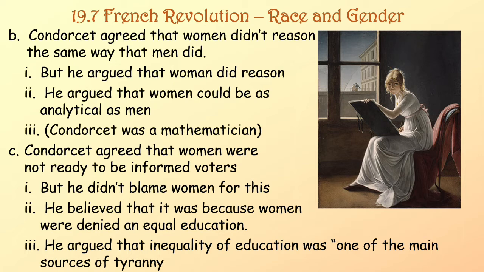Condorcet agreed that women were not ready to be informed voters, but he didn't blame the women for this. He believed that it was because women were denied an equal education. We've seen that theme come up again and again, haven't we? Ever since Christine de Pizan. He argued that inequality of education was one of the main sources of tyranny.